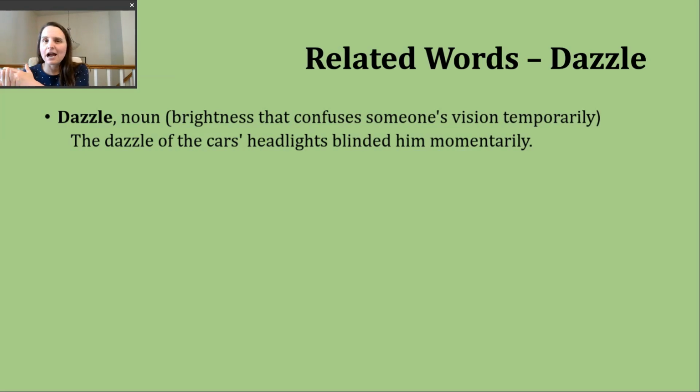So this is not like I can never see again, just for a second or two, perhaps, I'm unable to see. An example of this might be the dazzle of the car's headlights blinded him momentarily. So maybe several cars had their brights on, right? And that can be kind of surprising, or it can make it difficult for someone else to see.